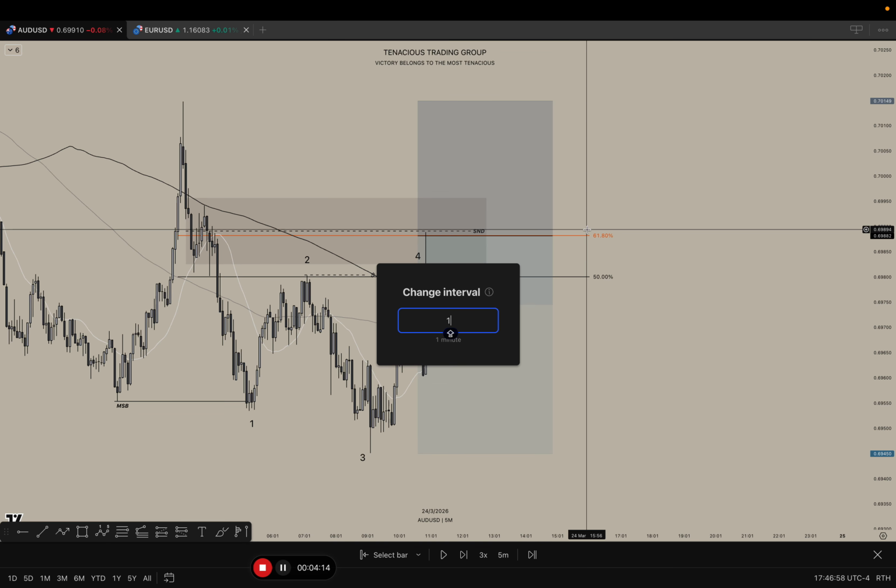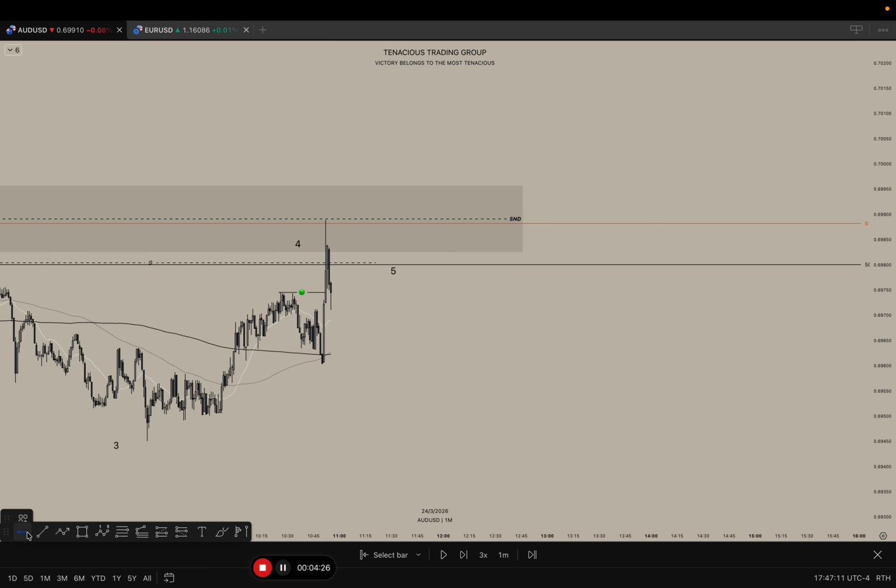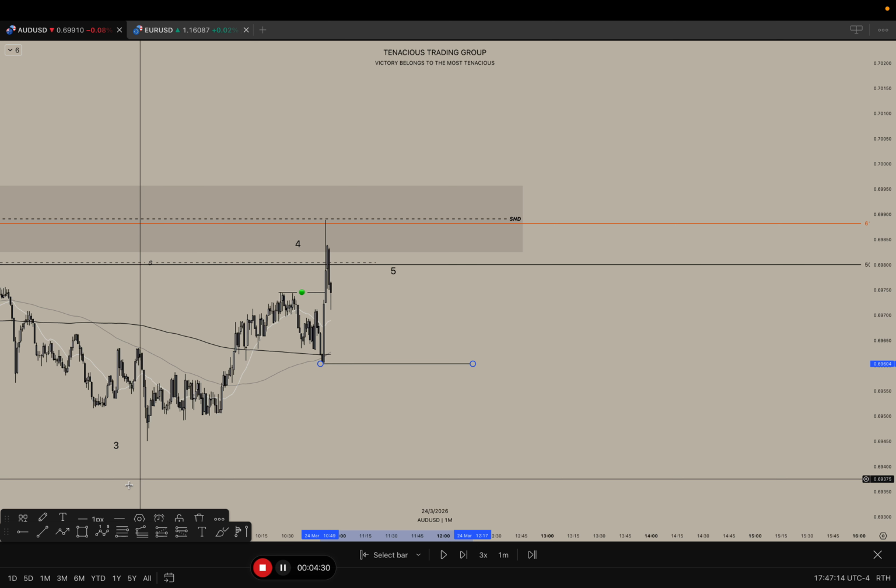But if we now head over to our 1 minute and see what price is doing based on the lower time frame, then pretty much this is an internal MSB. And then now I pretty much need for price to take out these lows before I start to entertain any sort of trade.